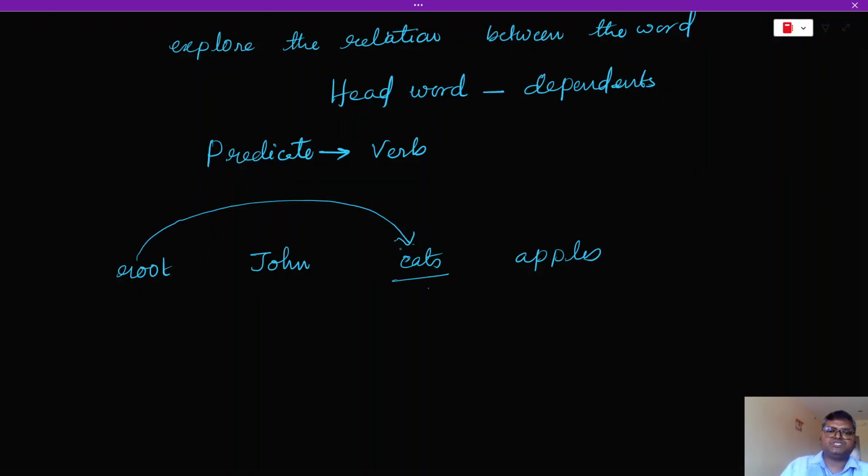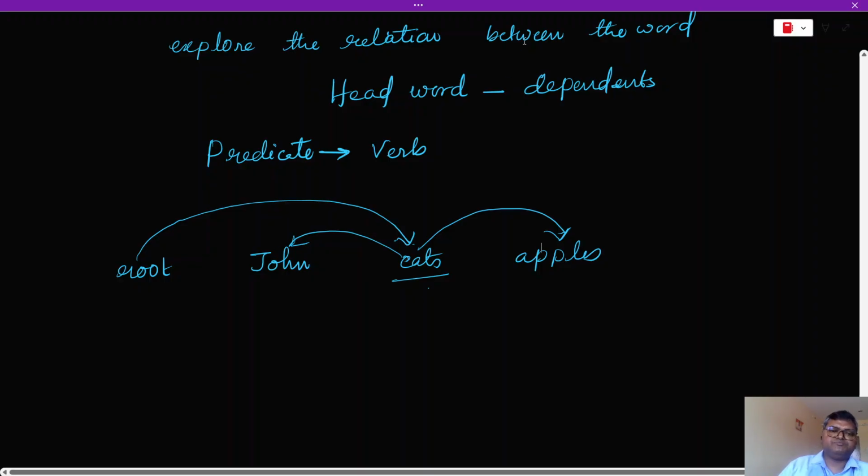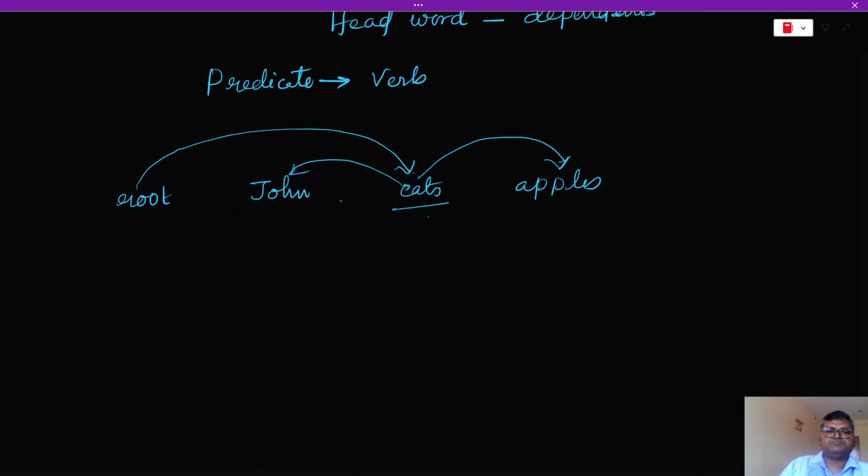Now, who eats apples? John. What will he eat? So these arcs represent that. Sometimes they may be labeled arcs, something like subject, and this is object, noun phrase. This is also noun phrase. This is known as a labeled dependency path.